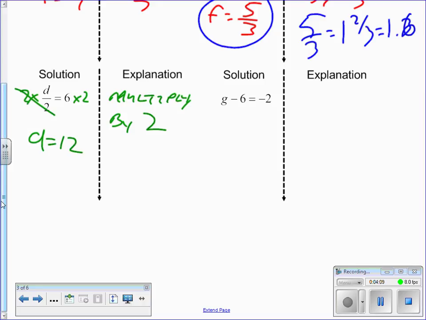Okay. G minus 6 equals negative 2. Add 6. So I add 6. These cancel. I get G equals 4. Win? Good? Yep. Okay.